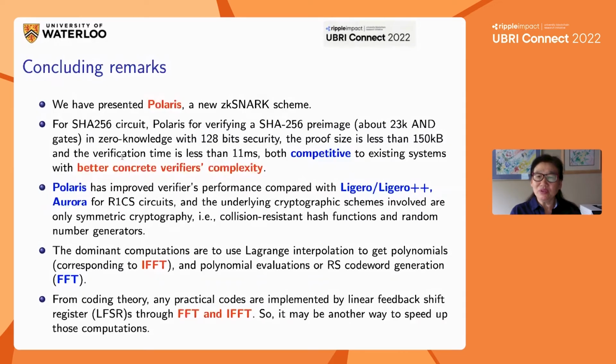If we want to prove or verify the SHA-256 pre-image in zero knowledge with 128-bit security, then we have a proof size of less than 150 kilobytes, and verification time is less than 11 milliseconds. So this performance is competitive with all existing schemes.